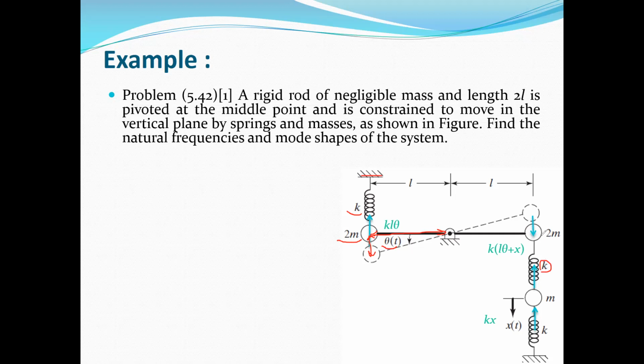Both edges of the spring will move, so the force in this spring is equal to k times the displacement of both edges. When the rod is rotating in the counterclockwise direction, this mass 2m will go up, so this edge of the spring will go up, and when x(t) is positive, the mass m will go down.